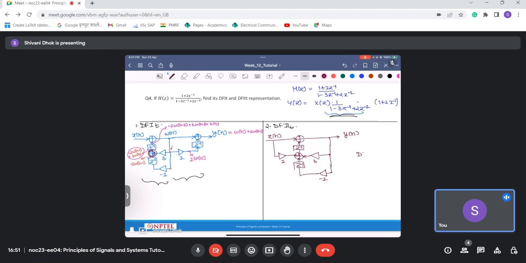So this is my direct form 2 transpose. Now if we compare with my direct form 1, I had 3 adders, but now I have only 2 adders, so I am having fewer adders compared to the direct form 1 transpose.